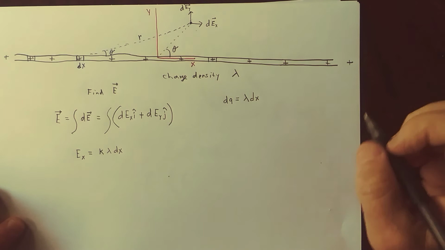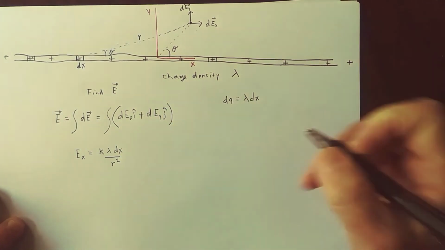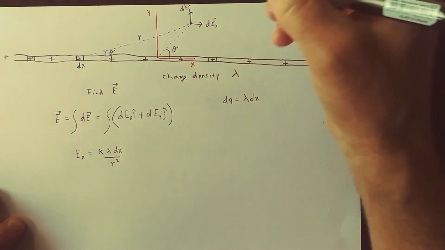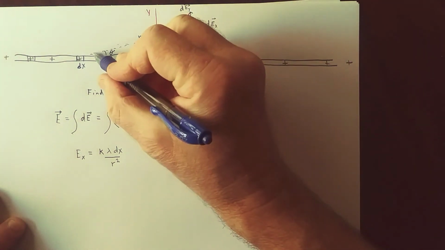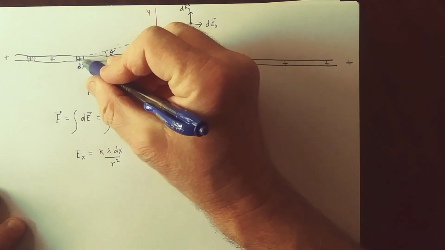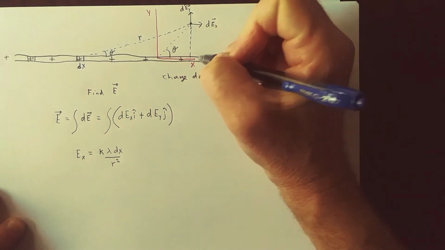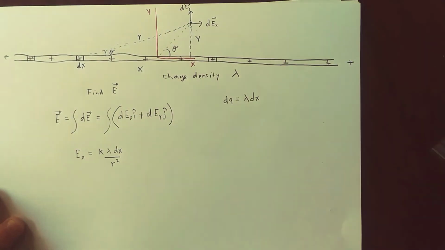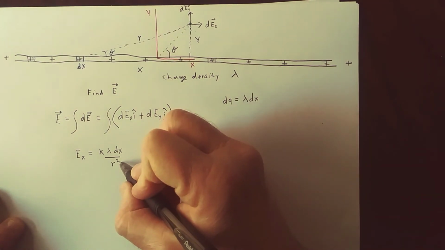We have to write the r squared. We have to divide by r squared. And we have to take the x part of this. So, our right triangle, if this is the dq that we care about, then our right triangle looks like this, where this is the y part and this is the x part and this is theta. So let's just leave this as r squared for the time being.